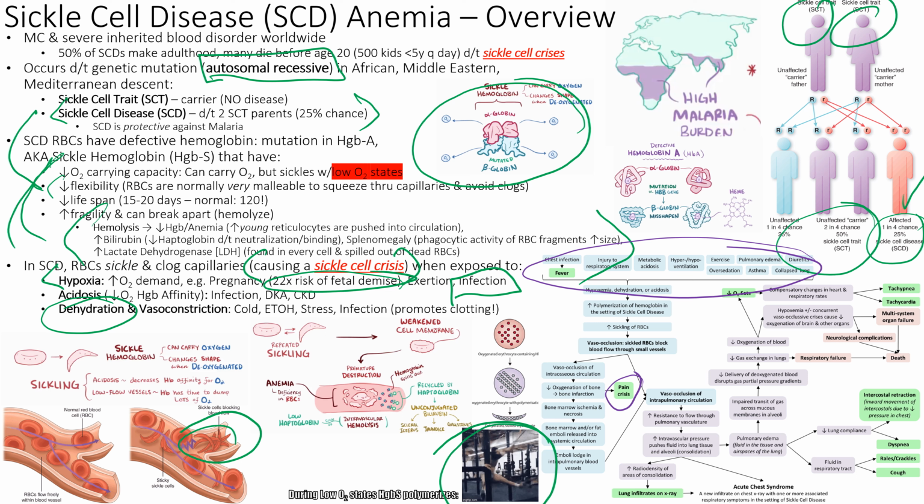All of these things are classified as acute chest syndrome, and that's the most severe complication that can occur with sickle cell disease. So acute chest syndrome is outlined on the next slide, but also here. All right, so that is the sickle cell overview.